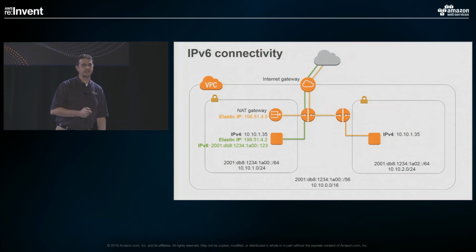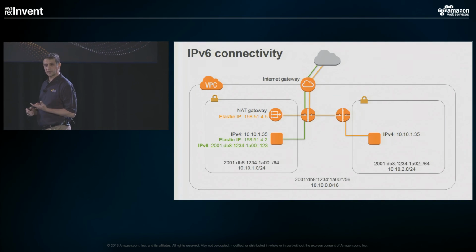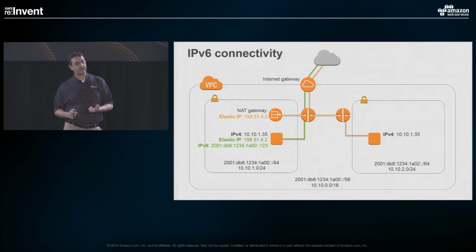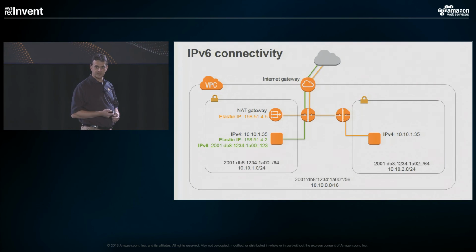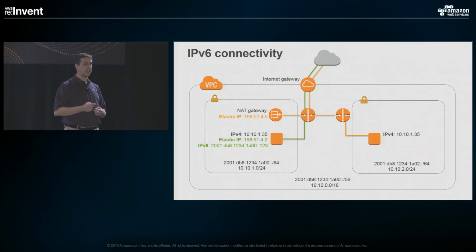And then the EC2 instances running in the public subnet will get a globally unique IP address. Since we have an internet gateway associated with that public subnet, you'll be able to leverage that IGW as a target in your routing table to have traffic to and from the internet using IPv6 to that instance.